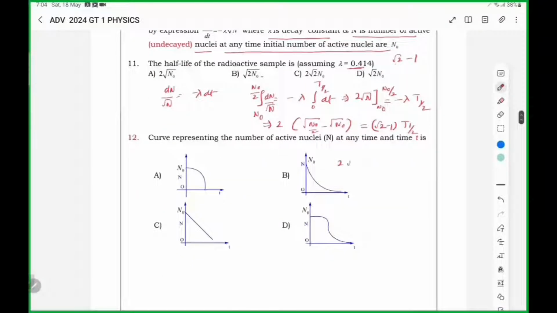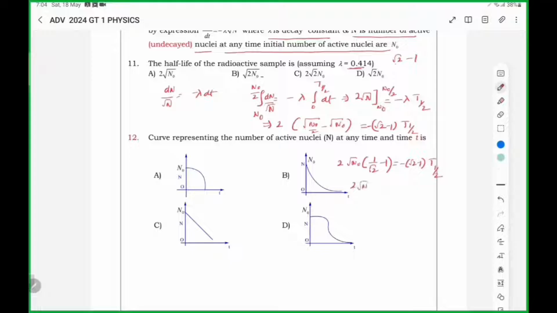So if you take root N0 common, 1 by root 2 minus 1 gives minus root 2 minus 1 T half.